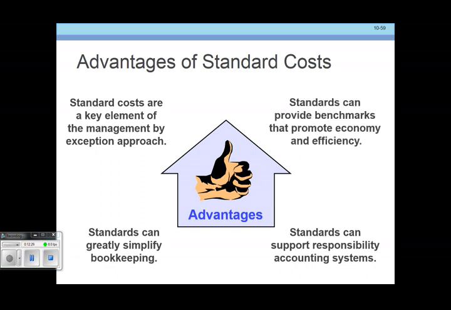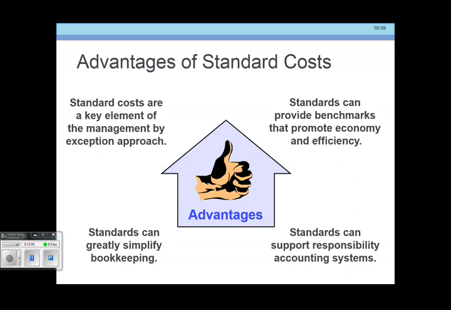The advantages of using these standard costs is it allows you to focus on what we call management by exception. It allows you to look at what's going on and focus your attention on things that aren't going well. What you're going to focus on is variances, price variances or quantity variances, and then try to flush out why there was a variance. Was it your budgeting process? Are your standards wrong?